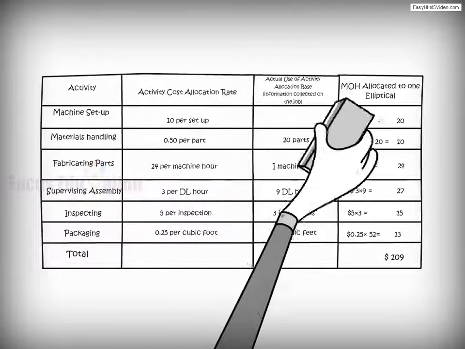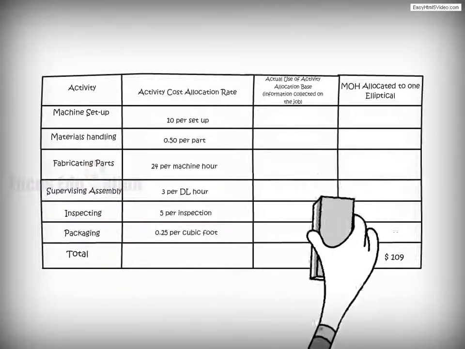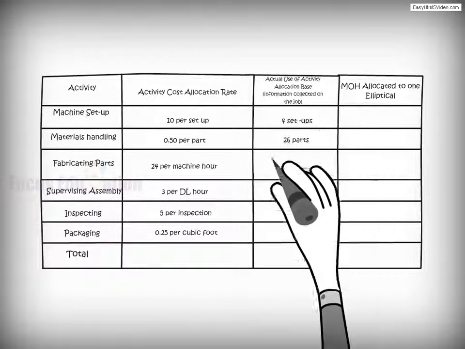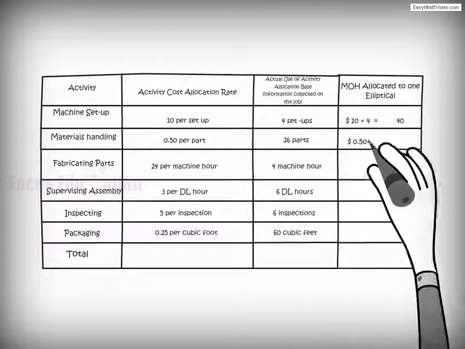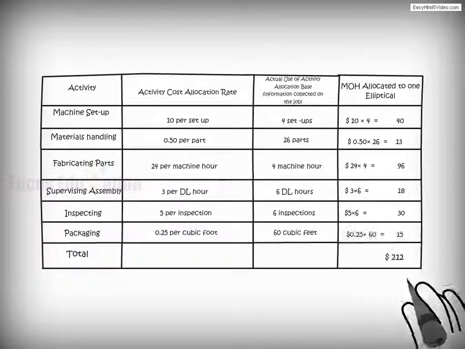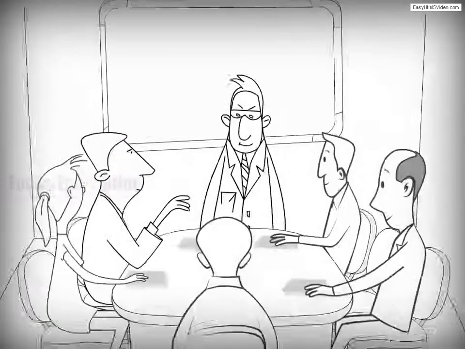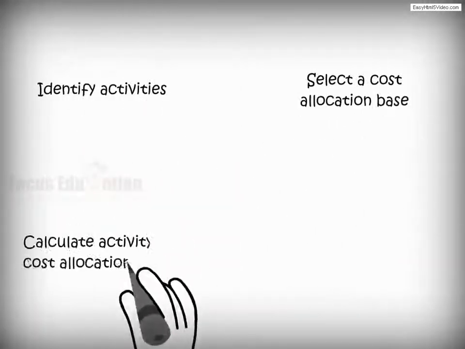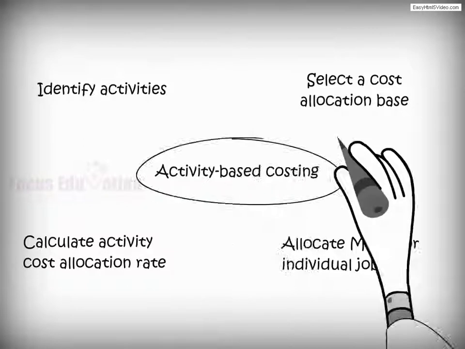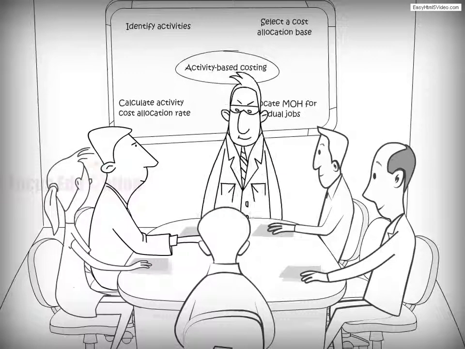Likewise, the company used the same activity cost allocation rates to distribute the manufacturing overhead to a job in which one treadmill was produced. This completes the four-fold application to allocate the indirect costs using activity-based costing.